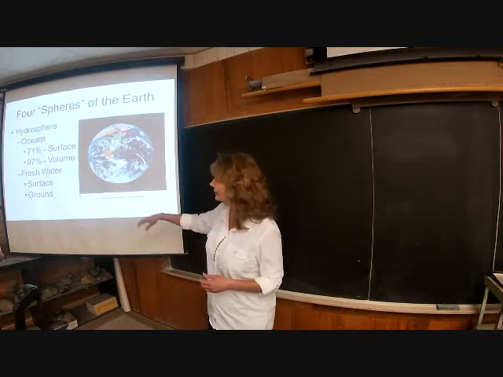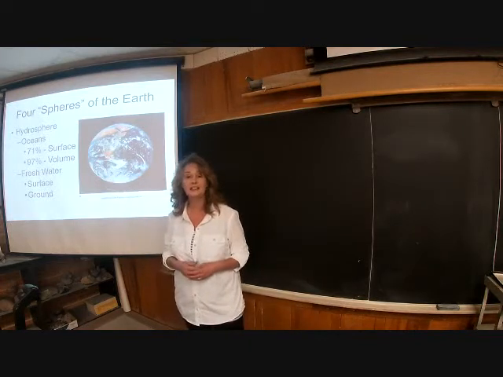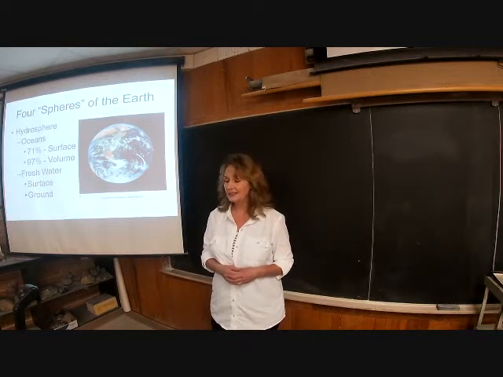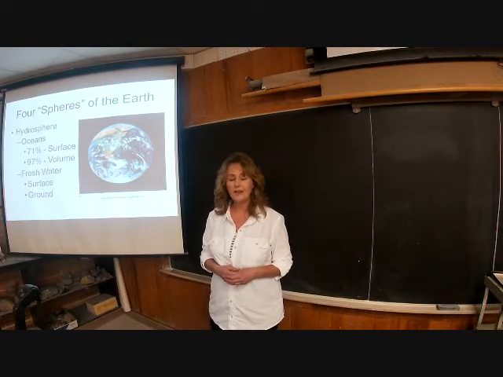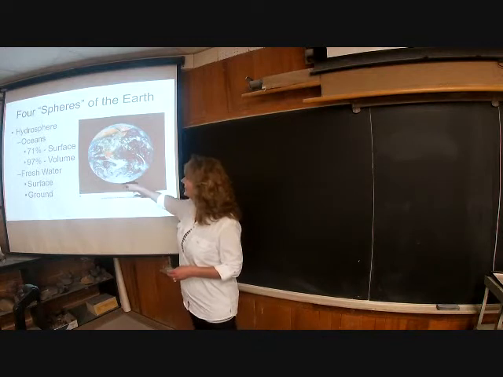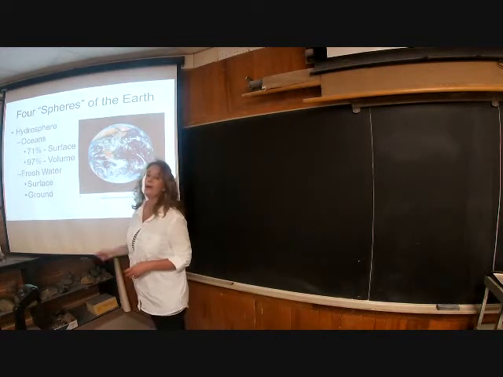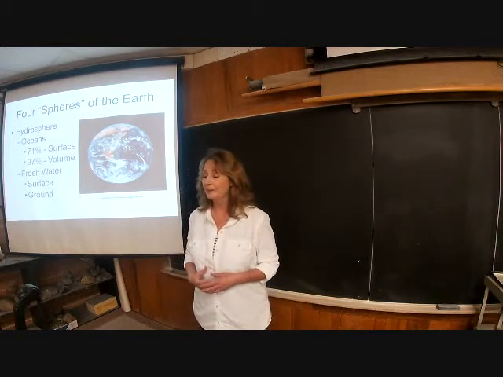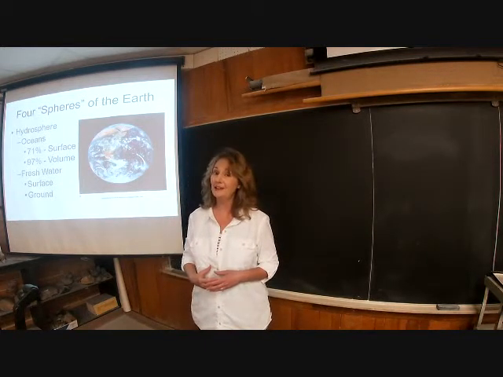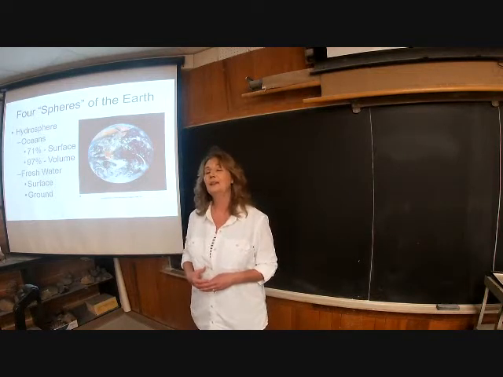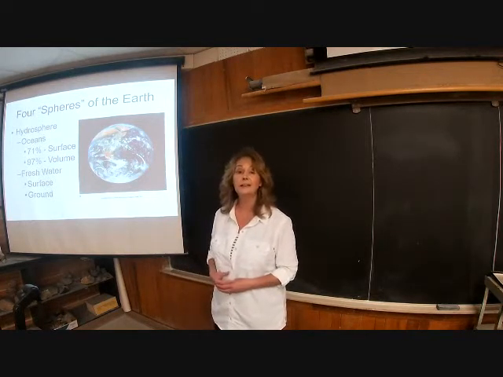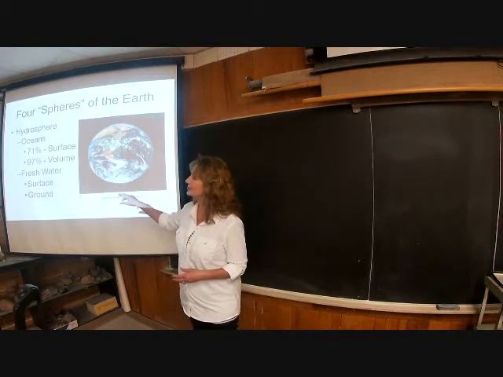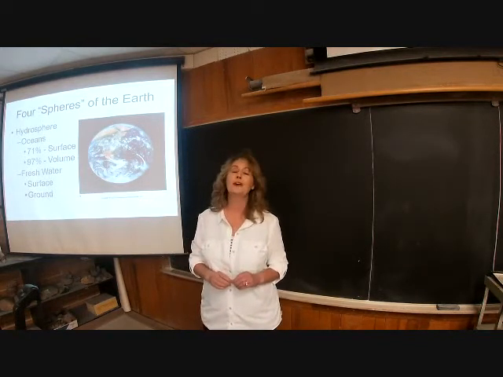About 71% of the surface is covered by water, and 97% of the volume of water is contained in our oceans, in that global ocean we talked about. That's a tremendous amount of water on the planet, so most of it is tied up in the ocean. And so that leaves just a little bit of fresh water, about 3%.